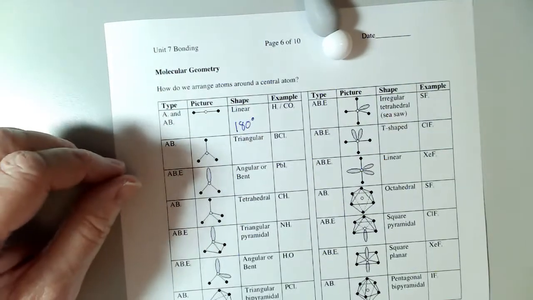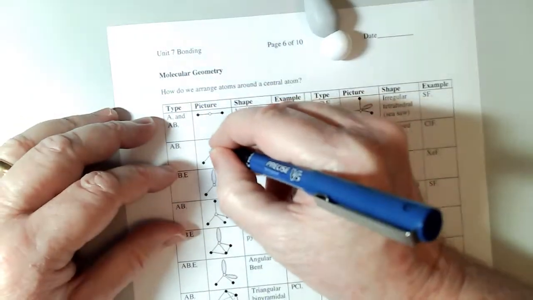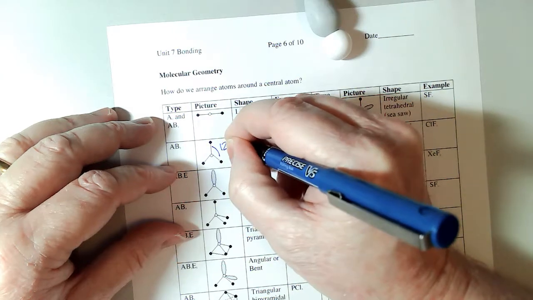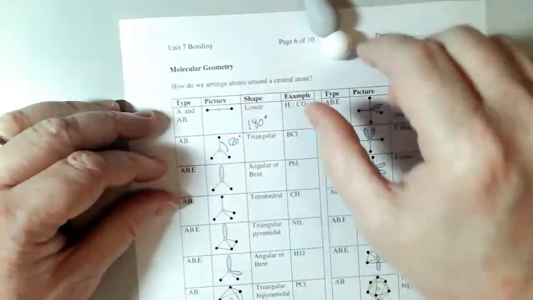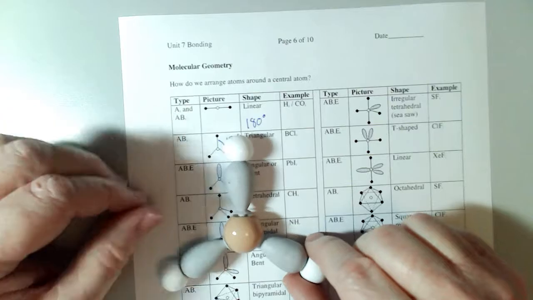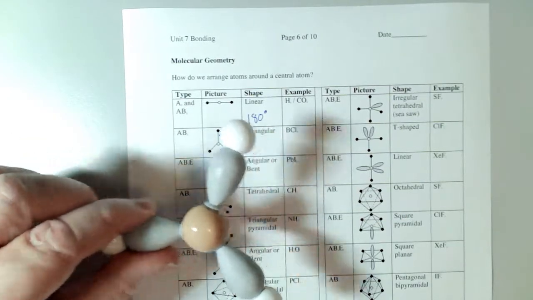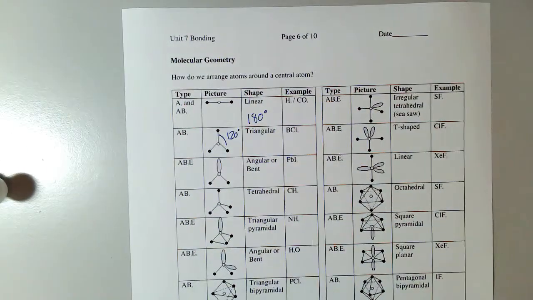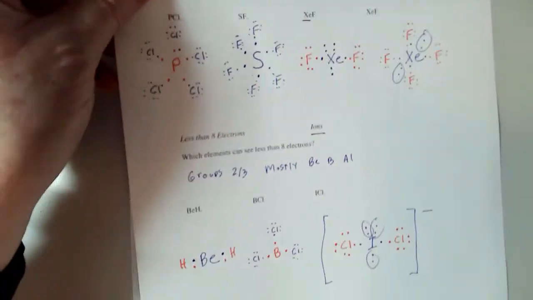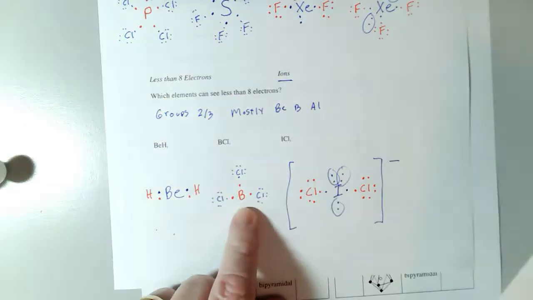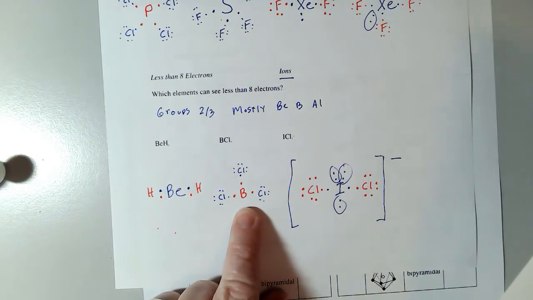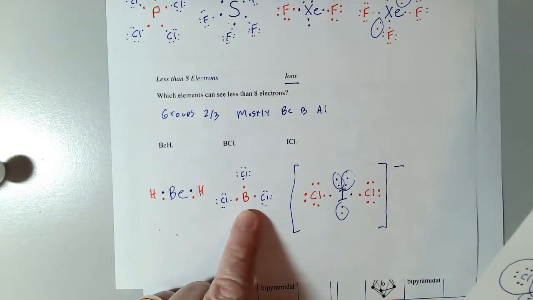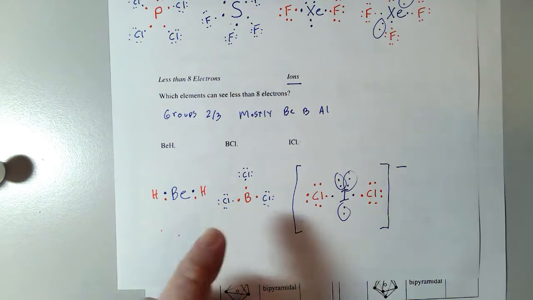The angles in here are 120 degrees. It's a circle divided up into three even parts. Okay? Now, if we go back this time to page number 5, you will see BCl3 was a good example of what that might look like. Okay?